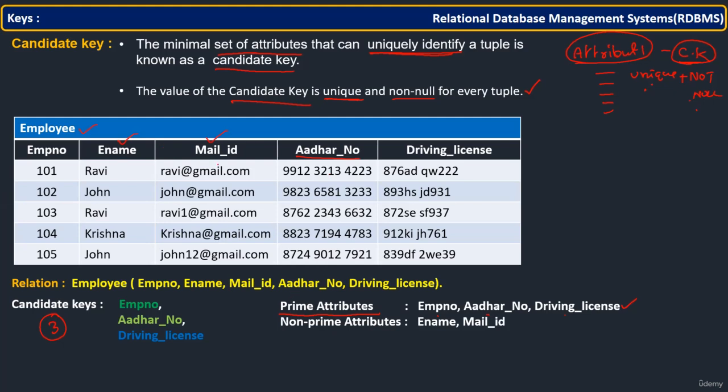You can see here e-name is a non-prime attribute, mail ID is a non-prime attribute. So first of all, candidate key, try to understand. It is very simple. Whichever column or attribute satisfies uniqueness and not null is nothing but a candidate key. Simply you can say that. Okay.